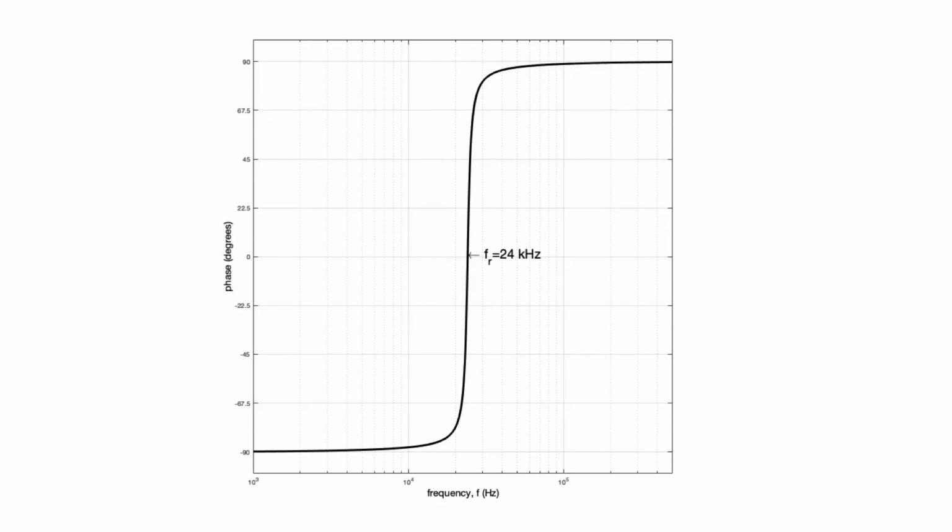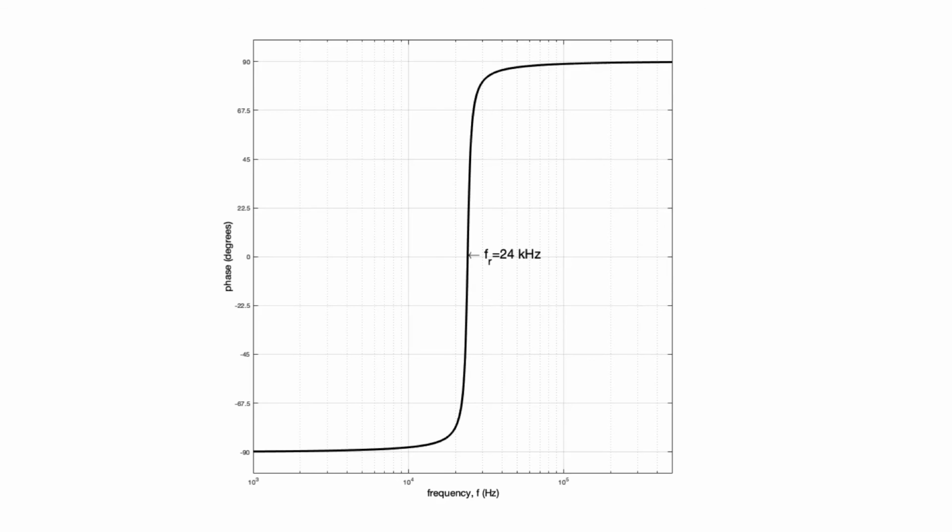Finally, we take a look at the phase angle as a function of frequency. At the resonant frequency, we already know that the phase angle is 0, since the reactances cancel each other out and the impedance is just equal to the resistance. At low frequencies, XC is greater than XL, and thus the circuit is more capacitive.